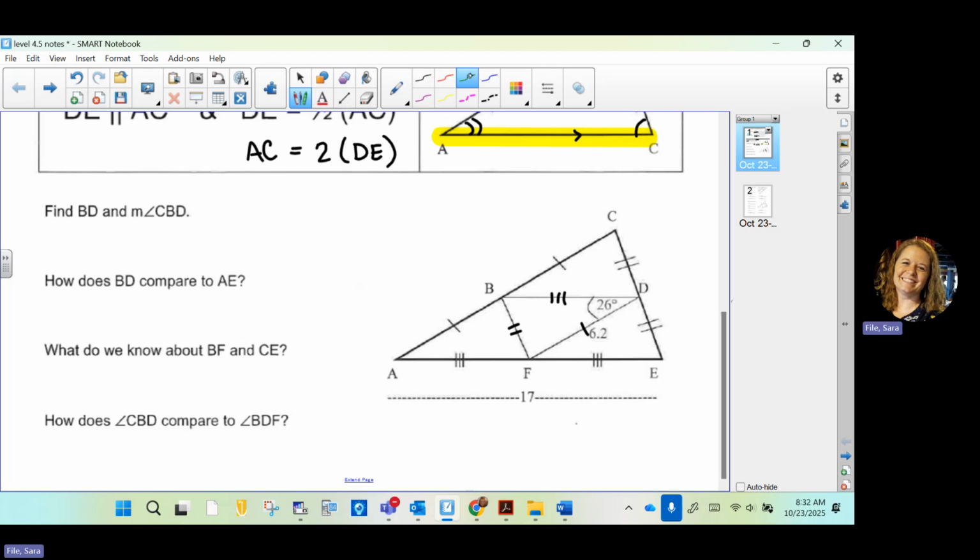All right, now I'm going to do some color coding for us here. So they ask us, how does BD compare to AE? So BD is this mid-segment, and AE is the side that it's parallel to. So I'm going to write that they're parallel.